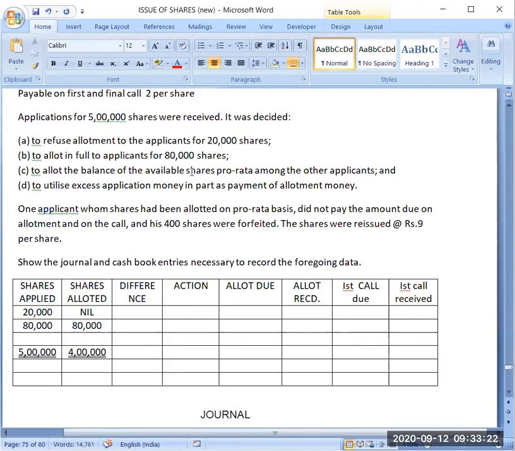To allot the balance of the available shares pro rata among the other applicants. Now balance has been told that pro rata allotment will be done, but the number is not given. Now how will I calculate the number? This table will help me to calculate the balance numbers. So 5 lakh minus 80,000 minus 20,000. How much will it be?